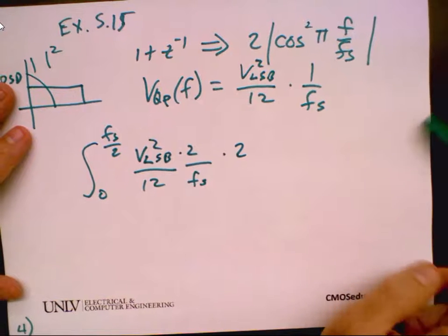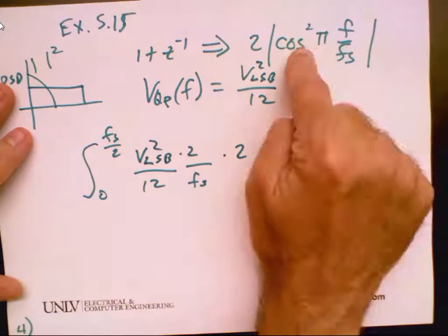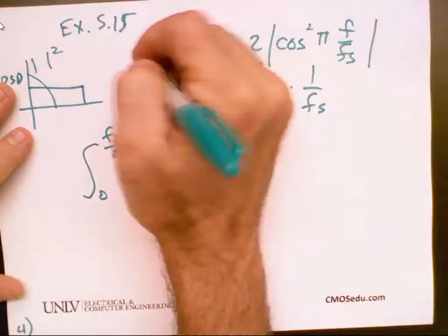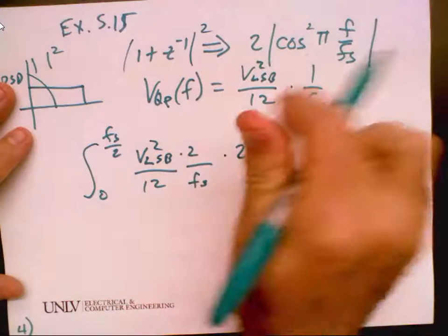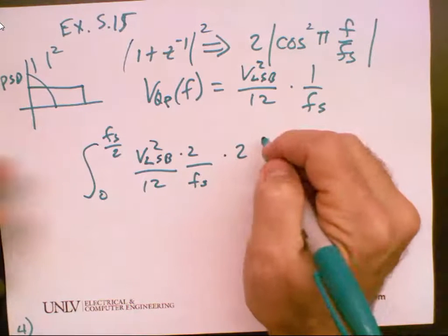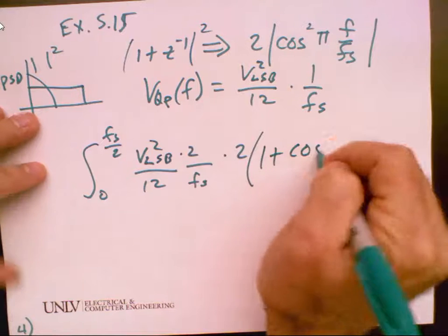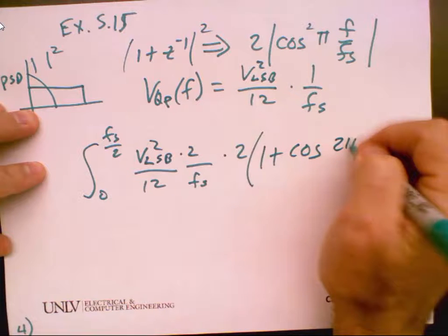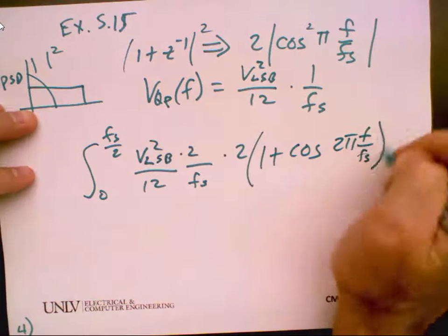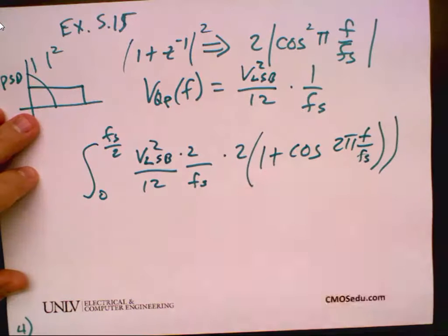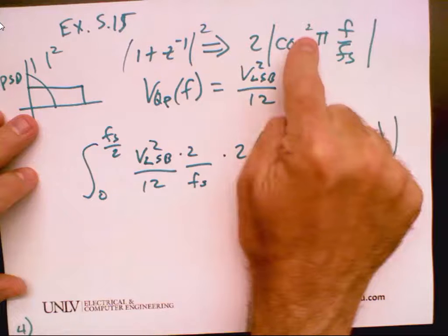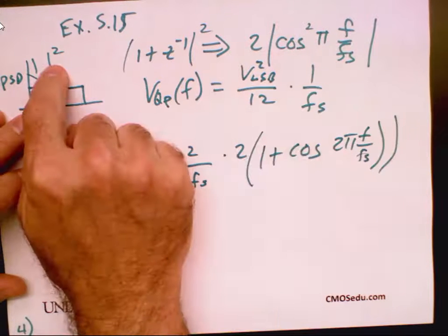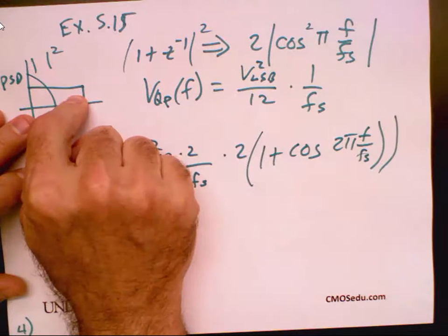Okay, so I got a question. Why am I here? So this would be magnitude squared. So why did I use 1 plus cosine of 2 pi f over Fs here? Where did this come from? Yeah, it's the cosine squared because I'm running it through power, so the filter transfer function's magnitude squared.